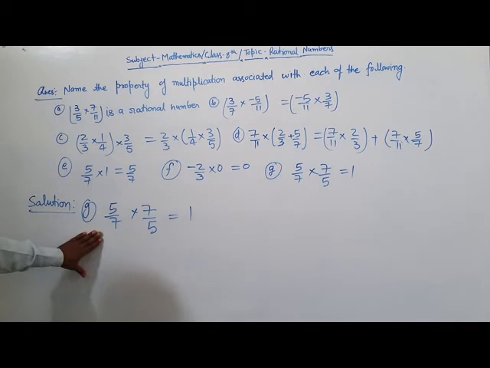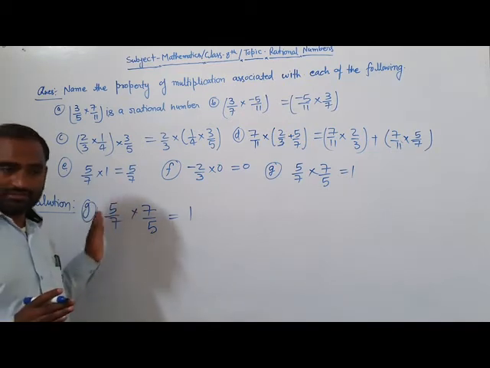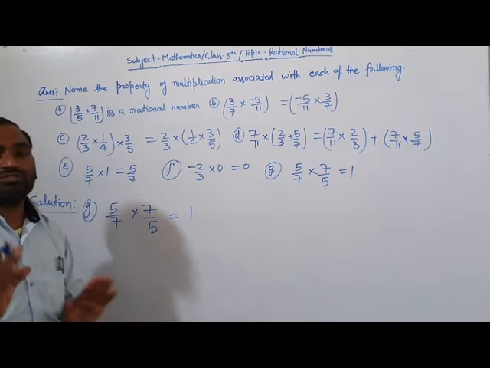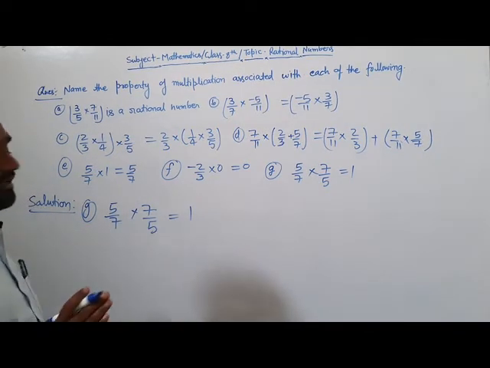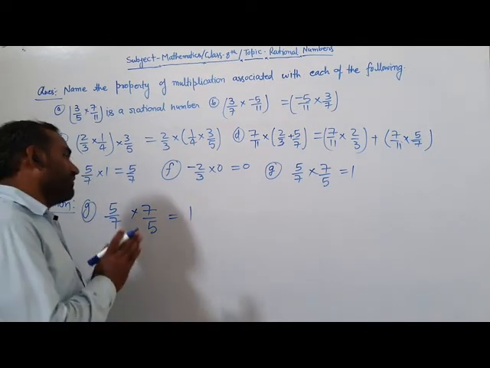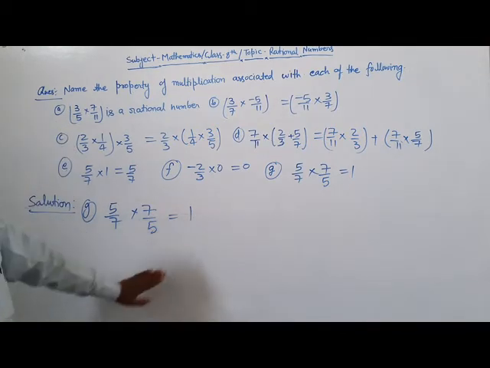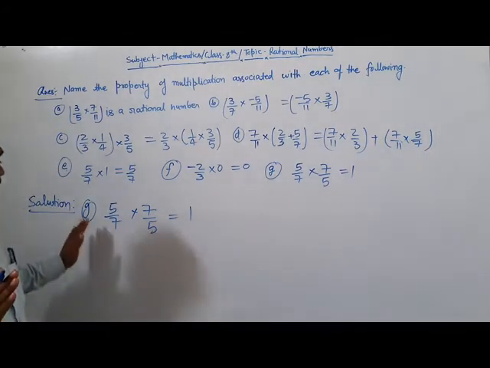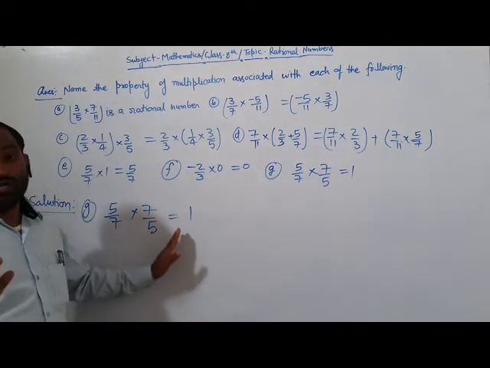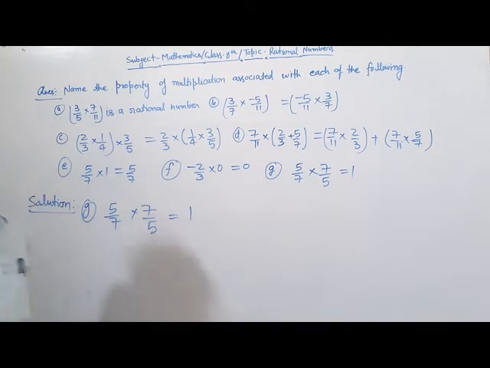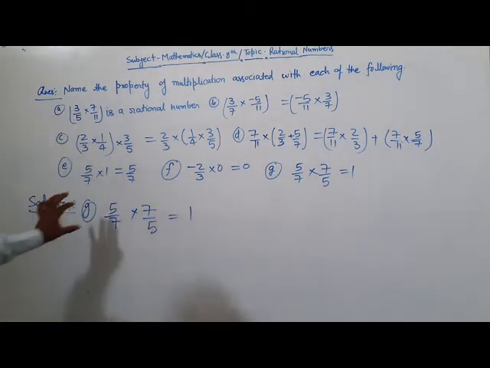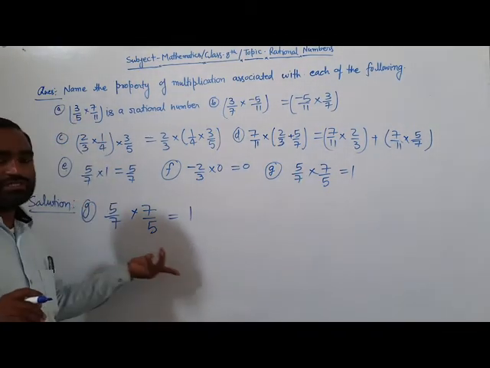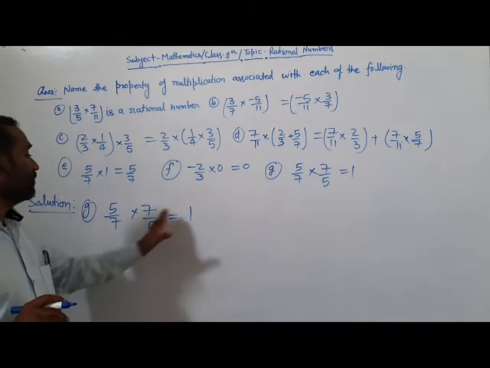Reciprocal means if any rational number is given, we change the numerator into denominator and the denominator into numerator. After changing, the rational number that we get is called the multiplicative inverse or reciprocal. किसी नंबर को उसके रेसिप्रोकल से जब मल्टीप्लाई करते हैं तो आंसर 1 आता है.